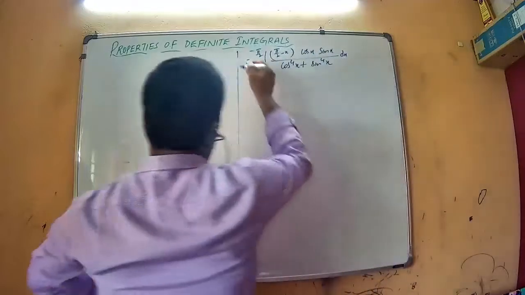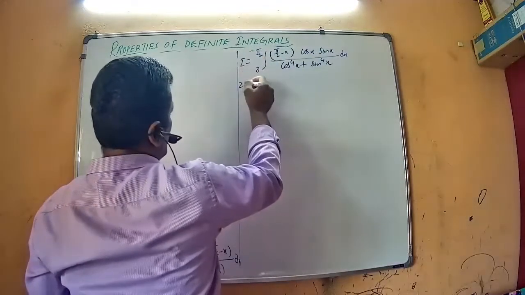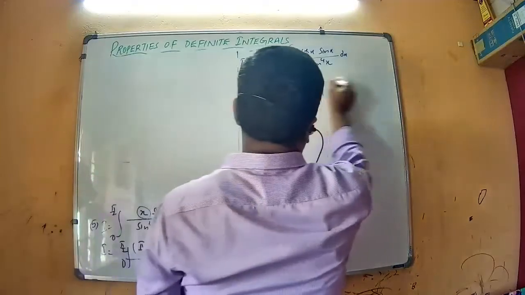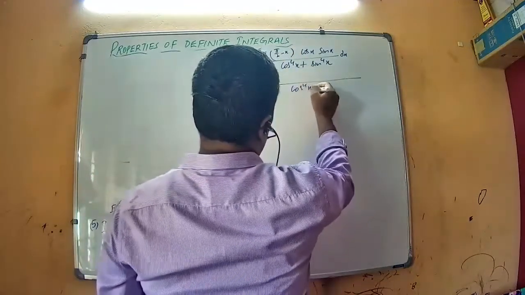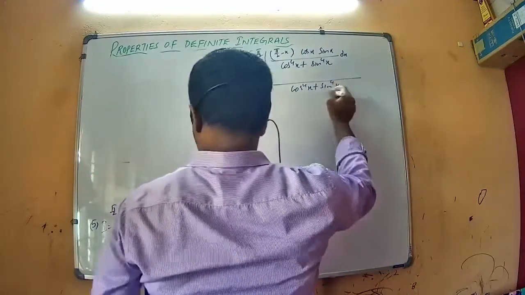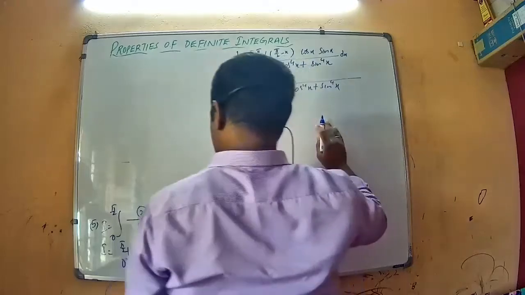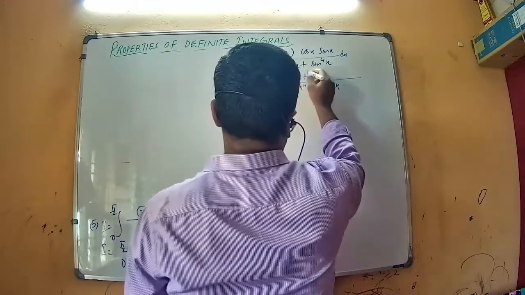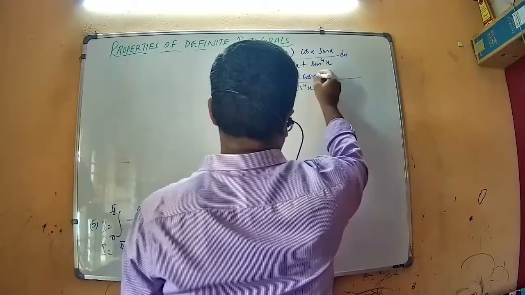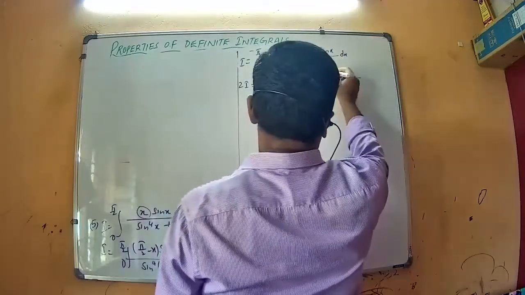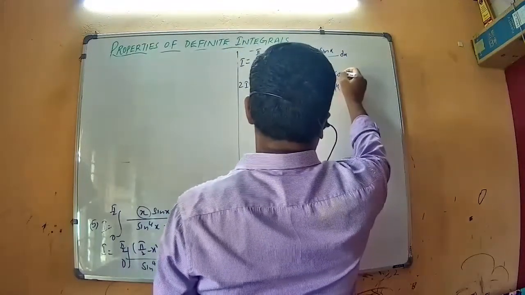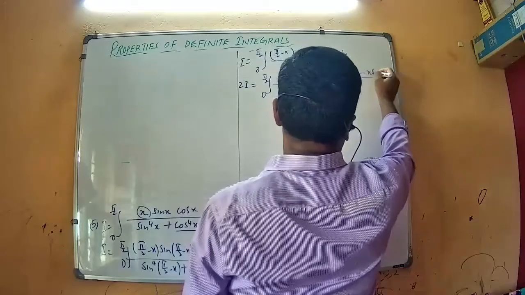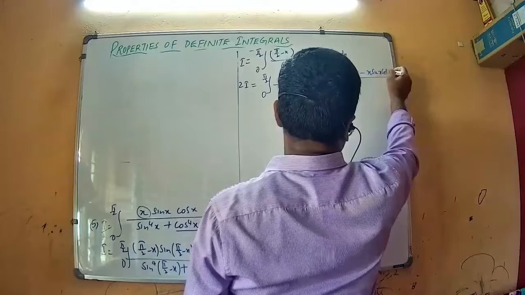Add these two. What are you going to get? 2I is equal to the integral from 0 to pi by 2. The LCM will be cos power 4x plus sin power 4x, and here the numerator is x sin x cos x, while here the numerator is pi by 2 into cos x into sin x minus x into sin x into cos x.